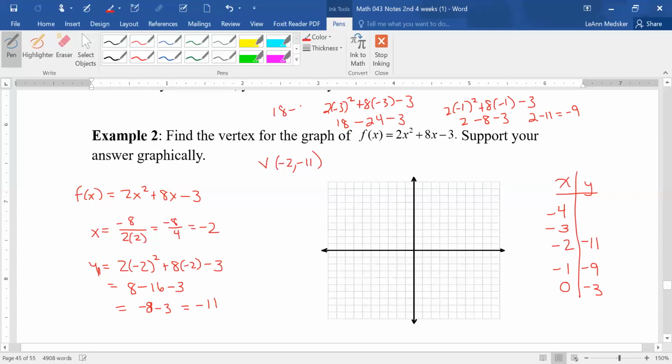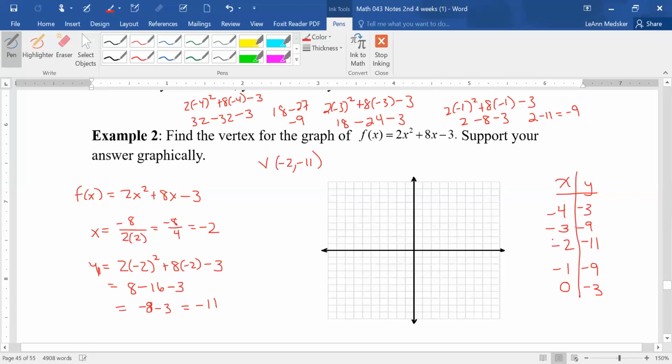That's 18 minus 27. That is -9. And plug in -4. 2 times -4 squared plus 8 times -4 minus 3. That's 16 times 2, so that's 32. Minus 32 minus 3, so that's just going to be -3.